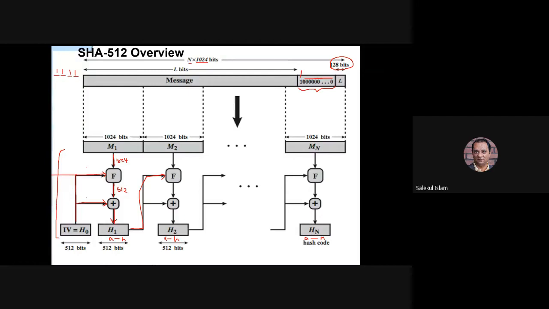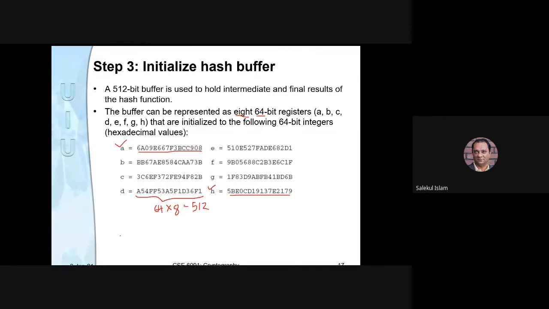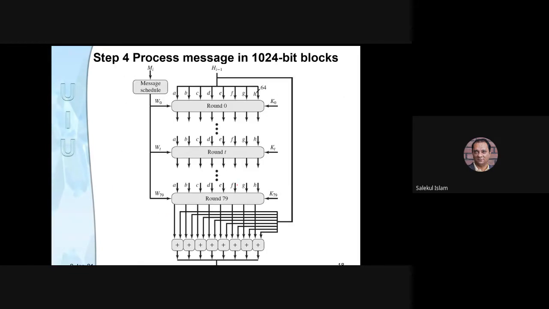Inside that code I also have the registers A to H, which is why I am using them. These are just the initial values. You start the program with these values, and at the end of the program, whatever value you have in your A to H will be your final output.